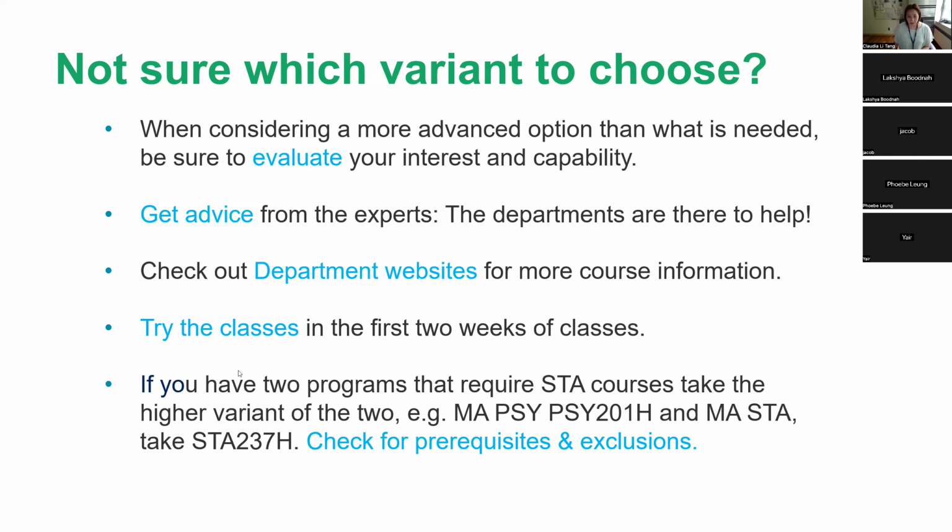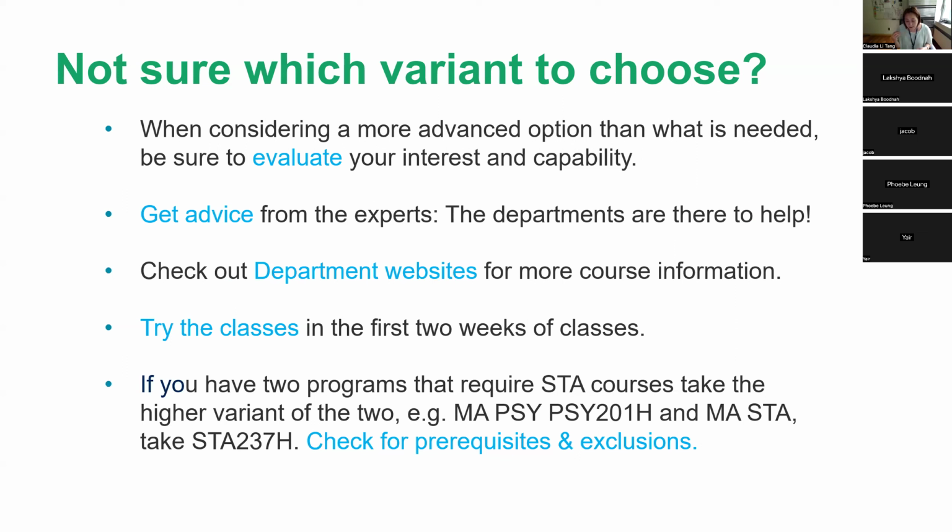Again, if you're taking, let's say, 2 programs, and I mentioned, let's say, psychology and stats, a lot of the social sciences would require a 2nd-year psychology stats course. Even political science, if you're doing a major or a specialist, would require at least 1 stat course. Many of the social sciences have their own stat courses, which are considered applied stat courses, so generally speaking, they're a little bit easier.